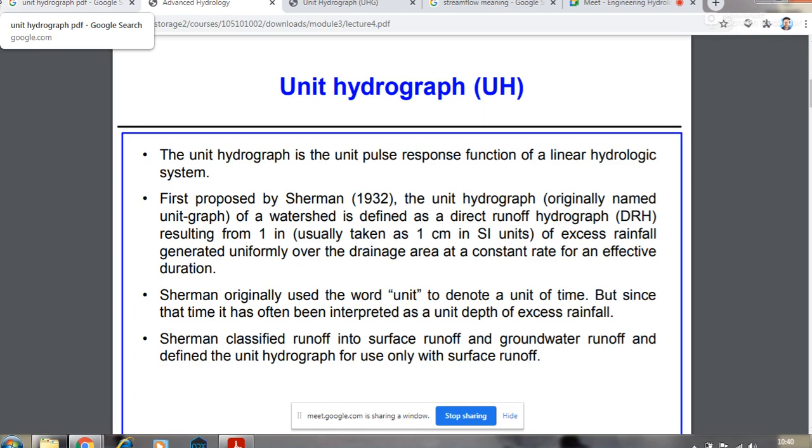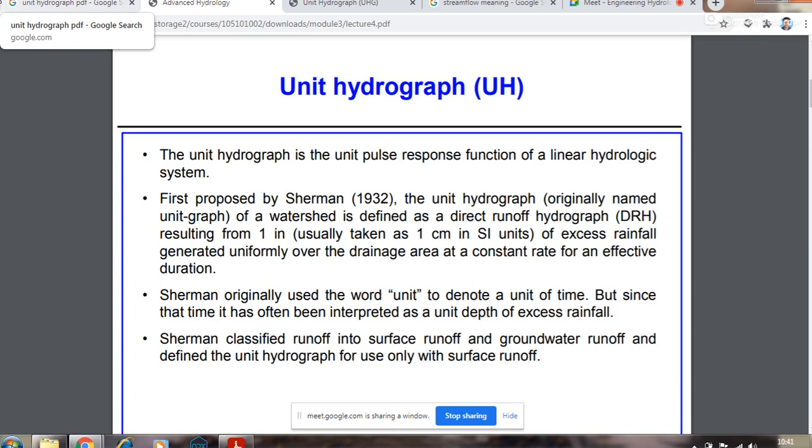How the definition of that graphical representation comes into the picture, how this particular study was developed by different researchers, and what is the response of the different parameters associated with it, we will try to understand in the next few minutes.